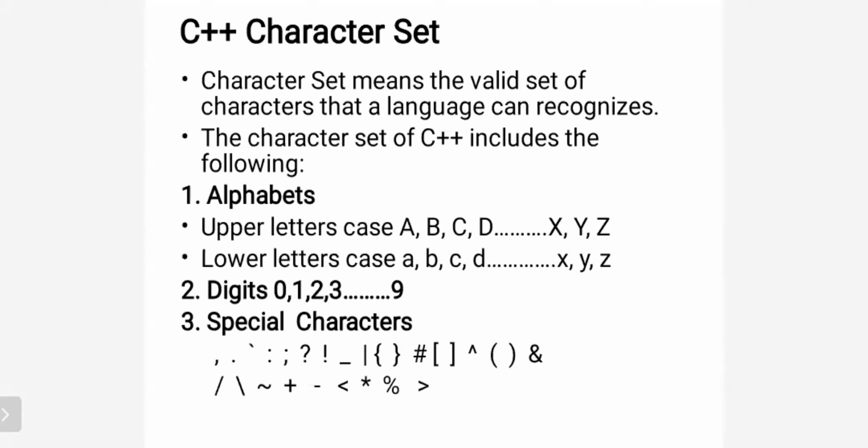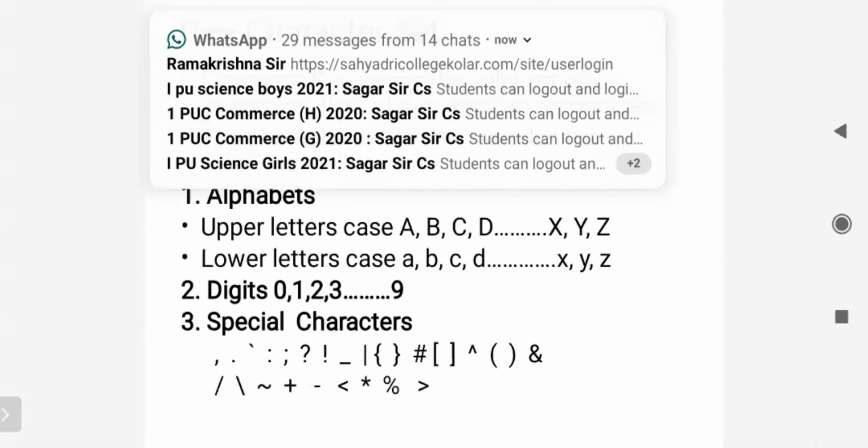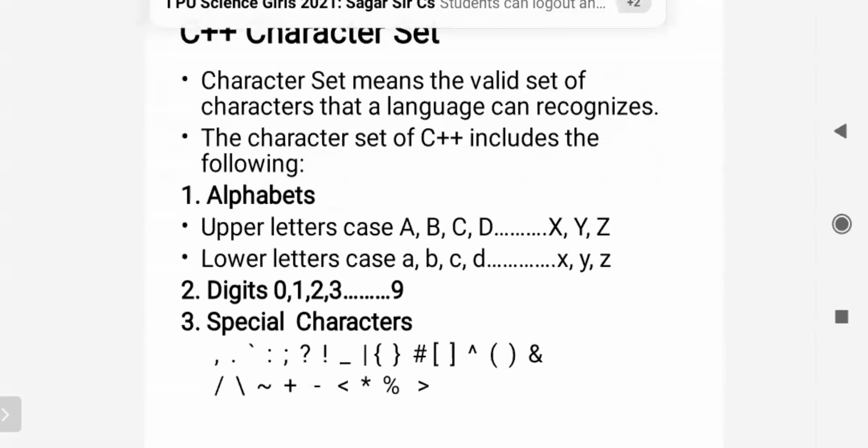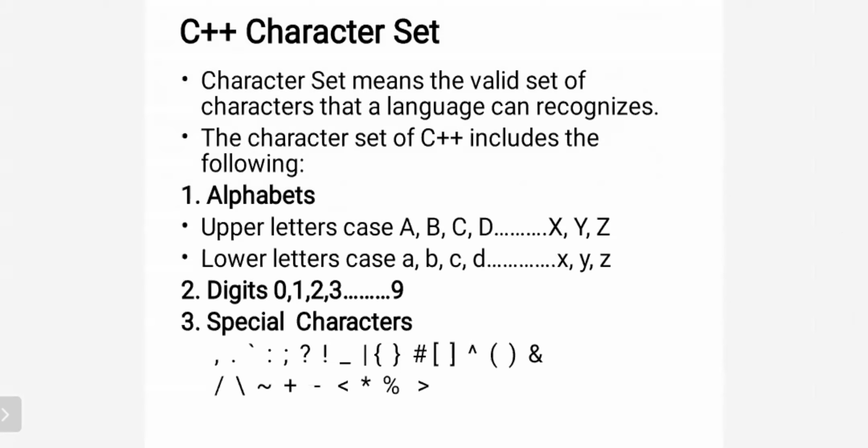We also use the exponent symbol, parentheses, open parenthesis, close parenthesis, ampersand, backslash, forward slash, tilde symbol or negation symbol, arithmetic operators, for example plus, minus, multiplication operator, division, modulus. We use relational operators, less than, greater than, etc. These are all the special characters we use to implement C++ programs.